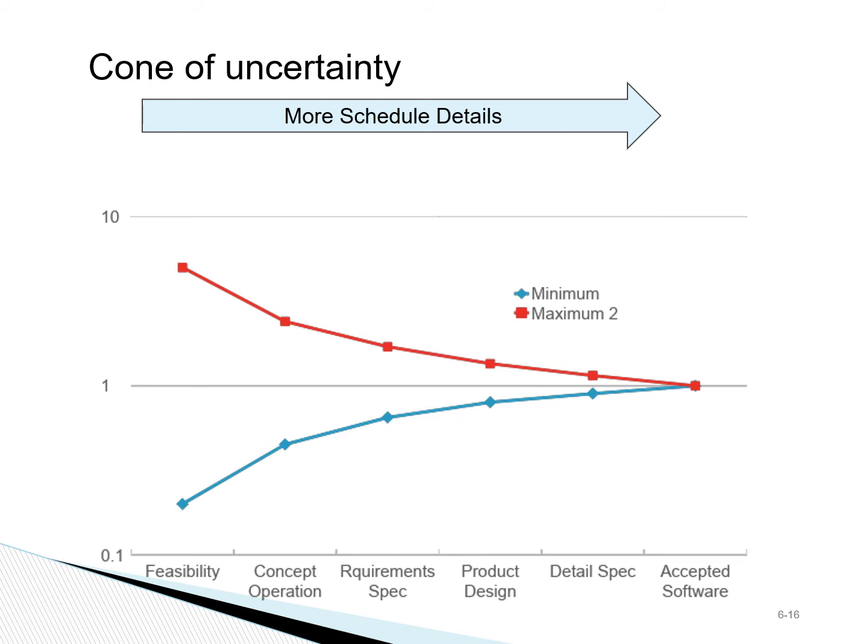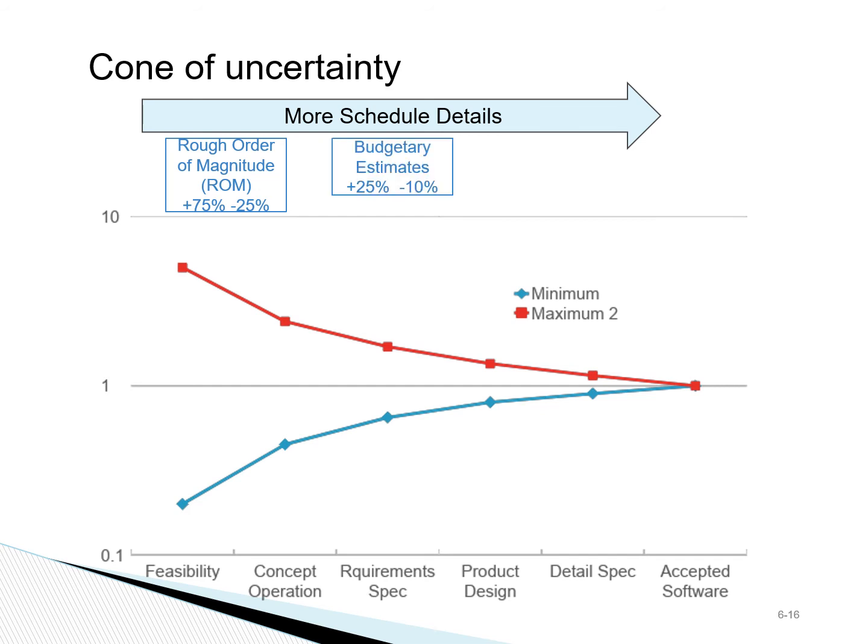In many organizations, they require that the project team at least develop a rough order of magnitude estimate, or a ROM estimate, by the end of the feasibility phase. This estimate can be overrun by 75% or underrun by 25%. So that's the level of accuracy for that estimate.